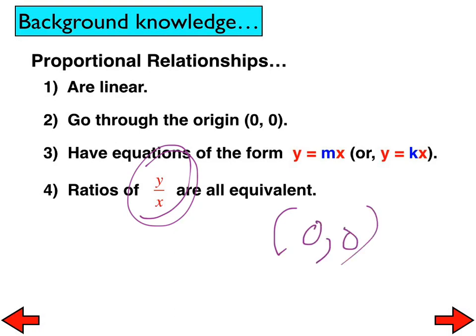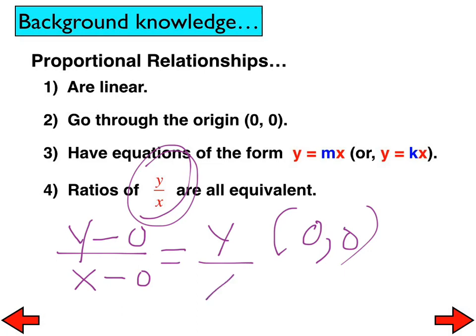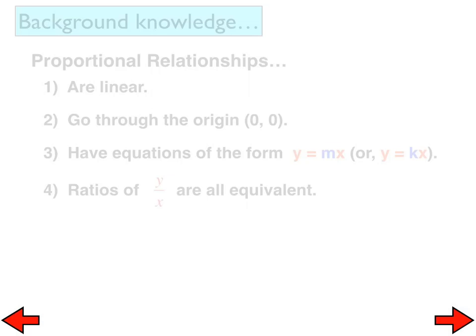So if you found the change in y or the change in x, you basically would be looking at something like this. Some y number minus 0 over some x number minus 0, which leaves you with this ratio of y over x. But I don't want you to get this mixed up with what we talked about yesterday and finding the ratios of the ordered pairs within a table to find the slope.